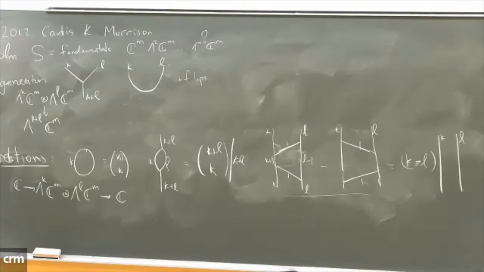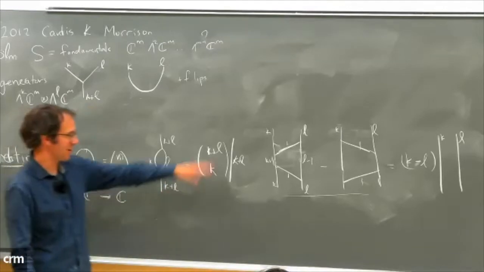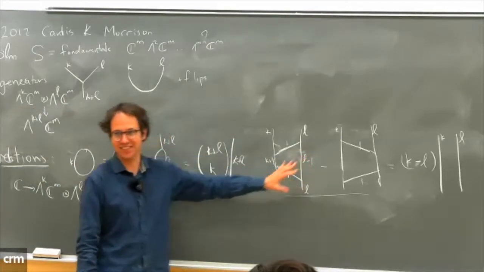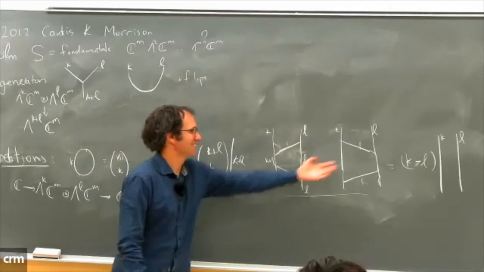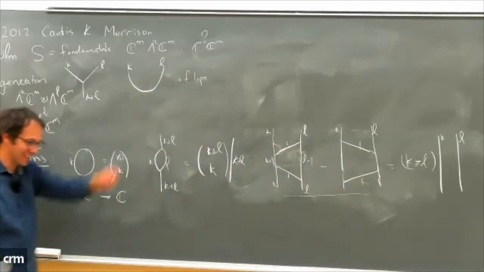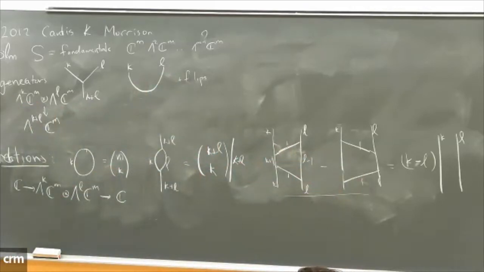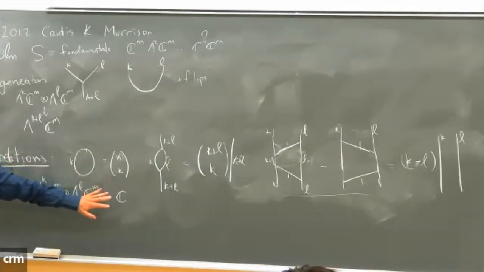In fact, he had polygons of arbitrary size appearing in his relations. So here we have some small things. There are more and more relations with more and more strands, but it can all be reduced to just extremely few. And even in SL4, this other person, Kim, had more complicated relations than are necessary.